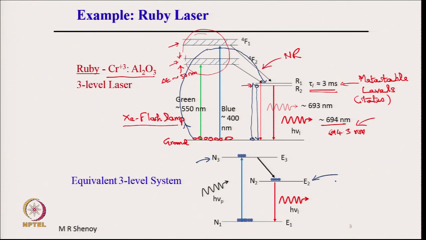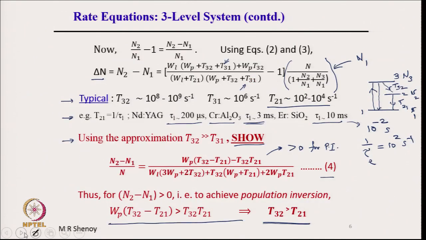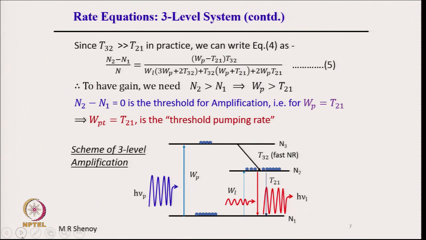We said that if this rate is slower compared to this rate, then accumulation can take place at this level. So, now mathematically we have got this expression that T32 must be greater than T21. So, naturally T21 should be as small as possible, which means 1 by T21, which is tau L, the lifetime, must be as large as possible, or we need a metastable state.